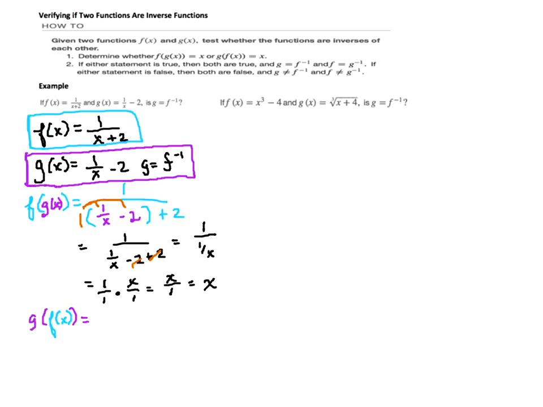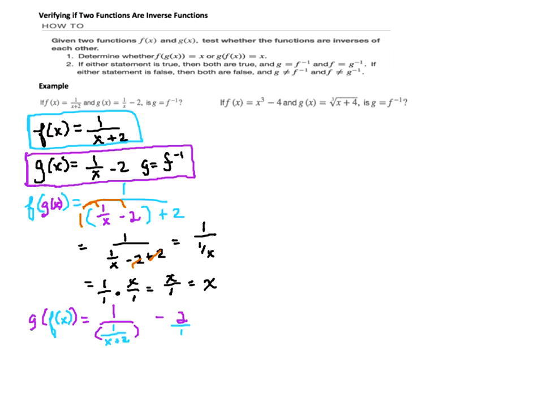Okay, so now my g function is my shell function, which is 1 over something minus 2, and the something that is over is 1 over x plus 2. Okay, so I have 2 fractions that I'm trying to subtract here.